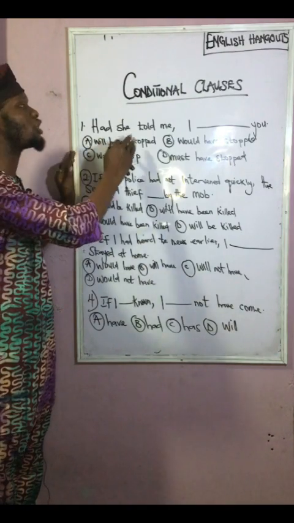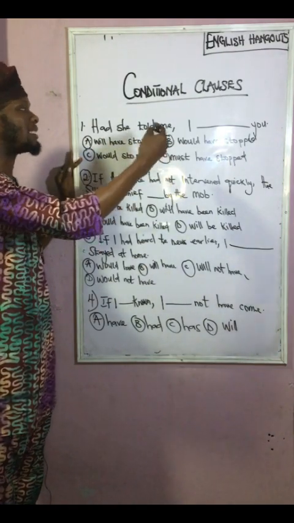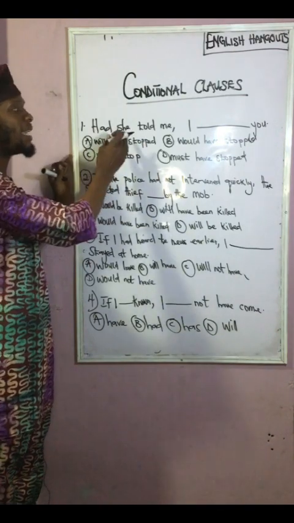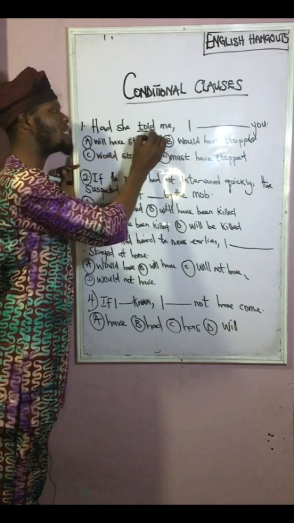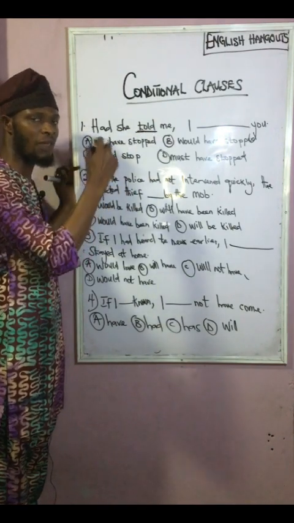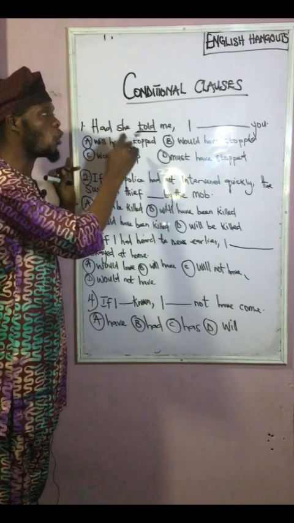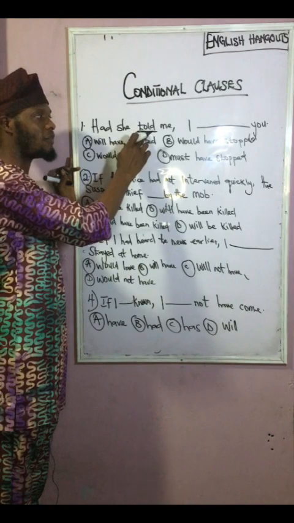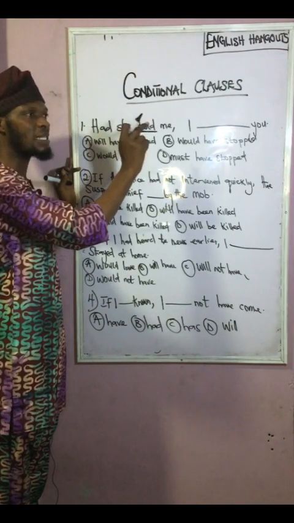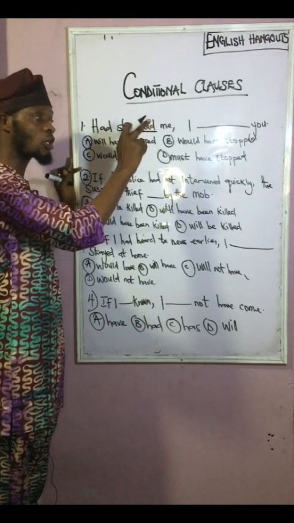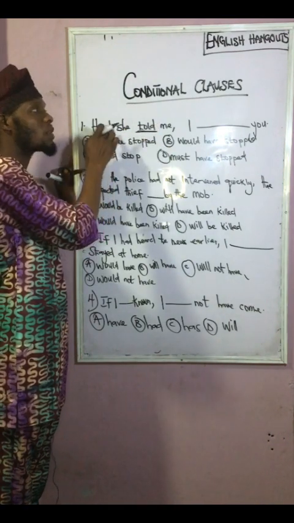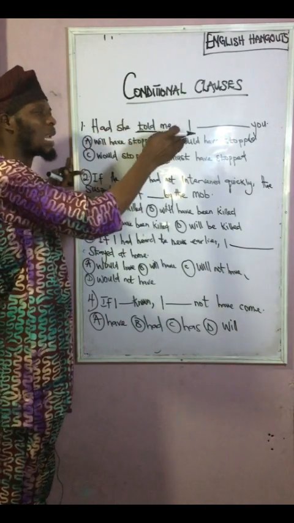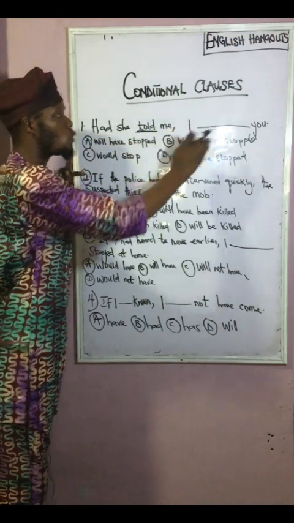Question 1. Had she told me earlier, I dash you. In the first clause here, what we have is told. You should be mindful of the verb in the first clause. Sometimes the first clause has the verb and the verb in the second clause is omitted, and sometimes the reverse.